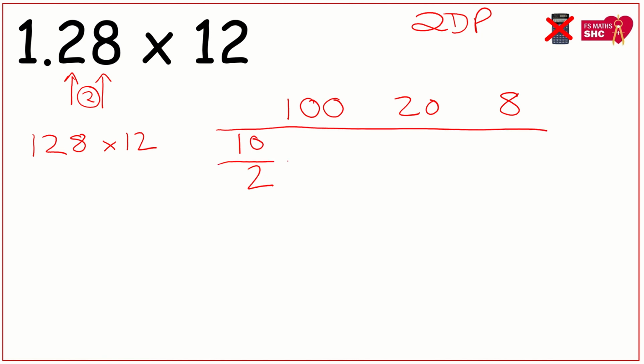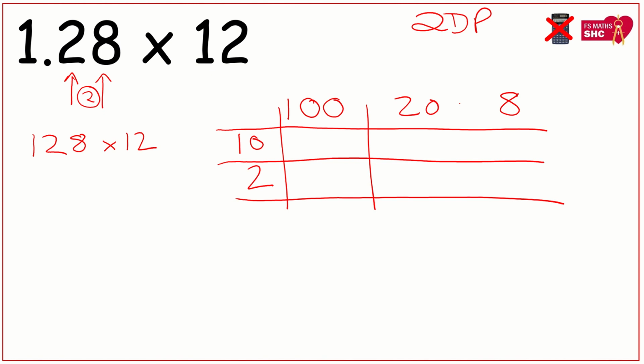Here's my grid. Not left myself a lot of room. So 10 times 100 is 1,000. If you're not sure on that, do the 1 times the 1 first and then add the 3 zeros onto it. Now I'm going to do 10 times 20.